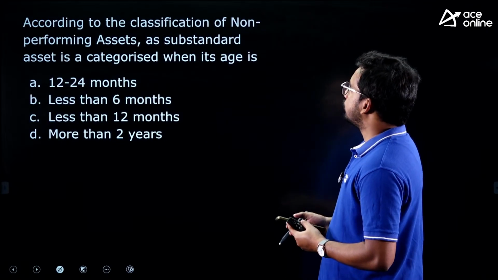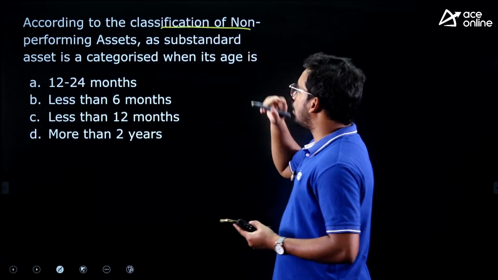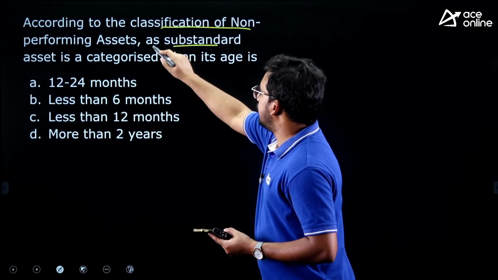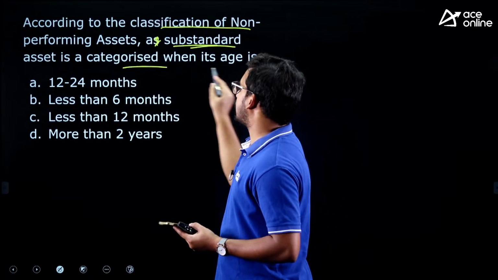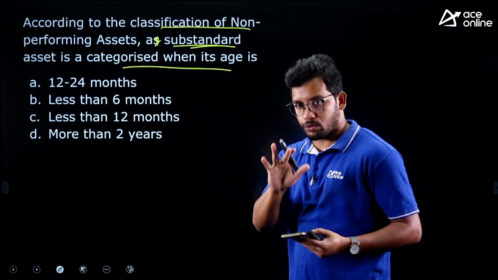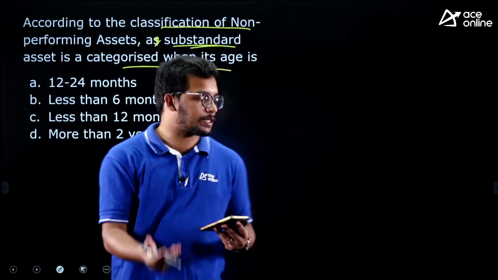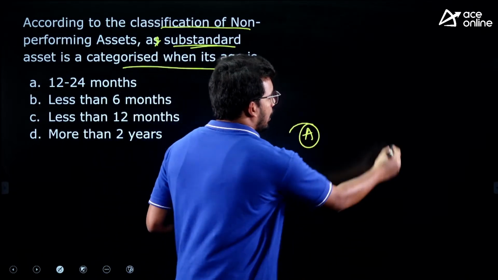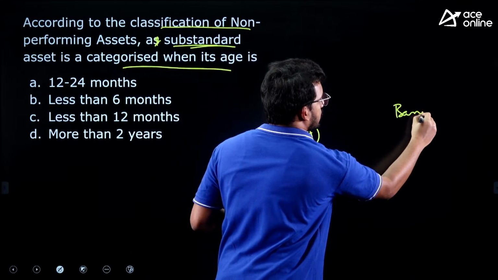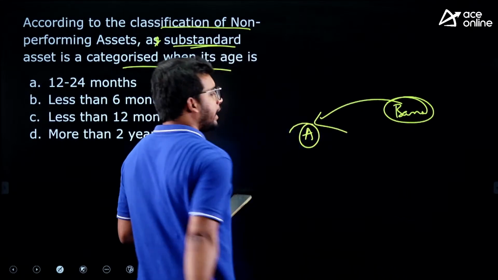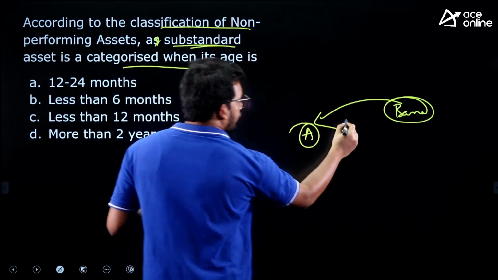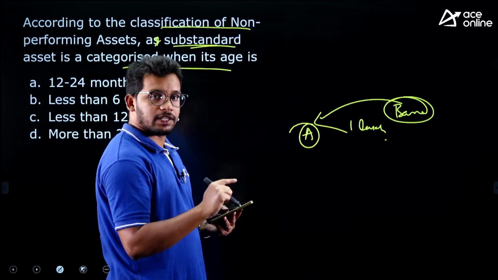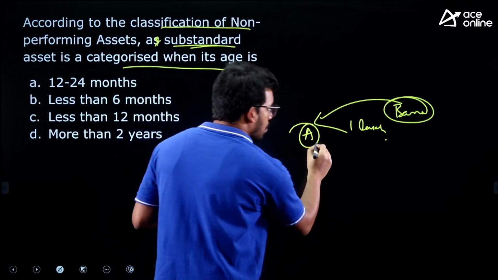Next question: according to the classification of non-performing assets, a substandard asset is categorized when its age is... So now let us explain non-performing assets. For example, I am person A and I have taken a loan from the bank. If I took a loan of 1 lakh rupees, I have to pay the interest as well as some amount every month.